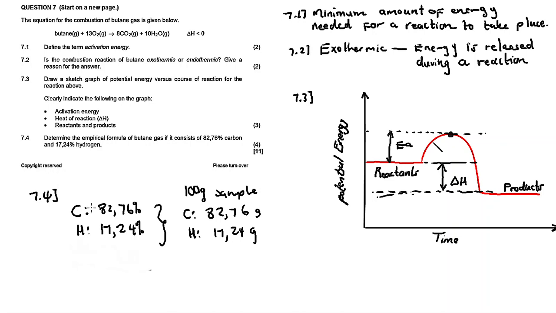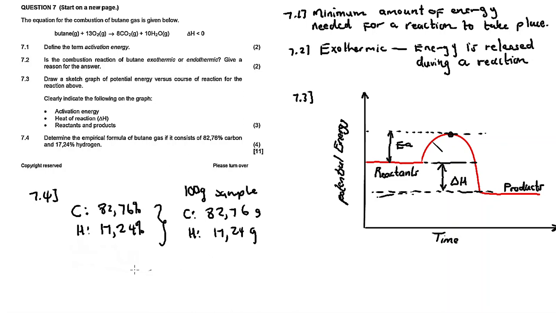So I'm changing the percentages to grams using a 100 gram sample. So in 100 grams, 82.76 grams of carbon based on this percentage, and then this much hydrogen in the 100 gram sample.